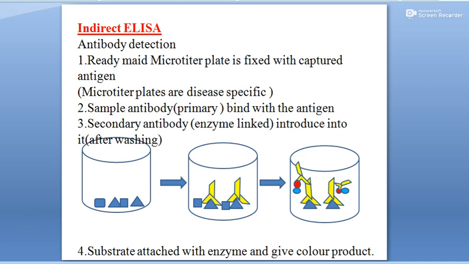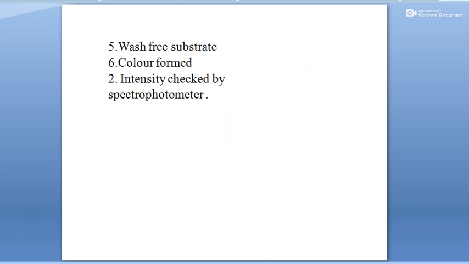So, let us see the next step, that is washing away free substrate. Those substrates which do not bind with the enzyme-linked antibody, we have to wash them. That is why we need some washing process. After some time, those substrate and the enzyme-linked antibody form a product which is colored, right.